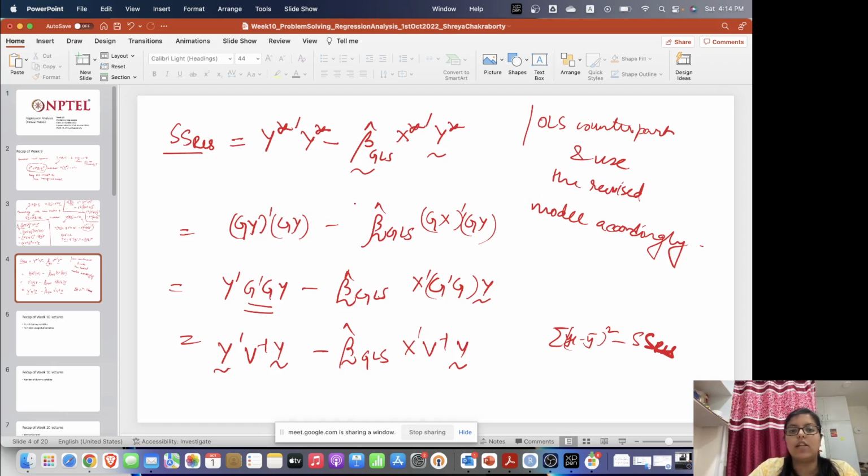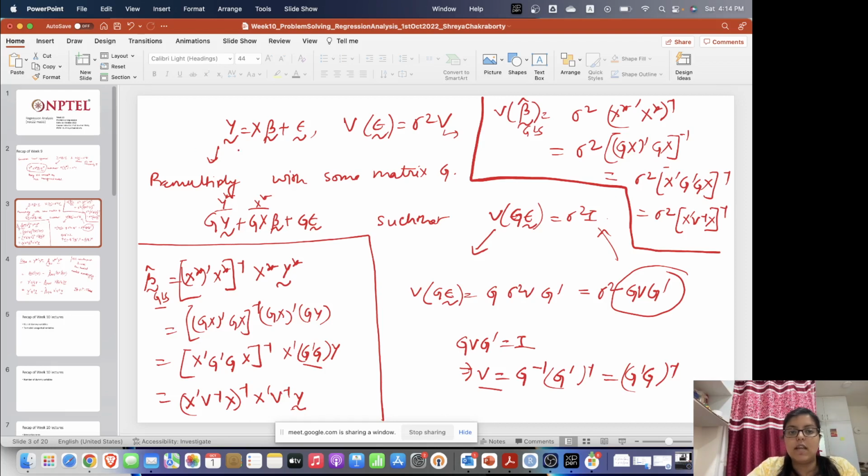The key thing that you need to note is that there is some y and some x which are transformed to something such that the error term has a variance of sigma square I, that is, it satisfies the constant variance assumption.